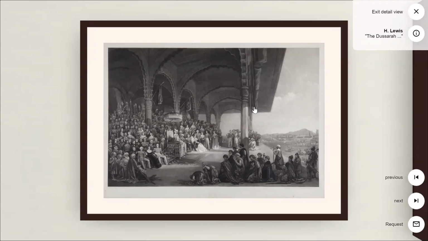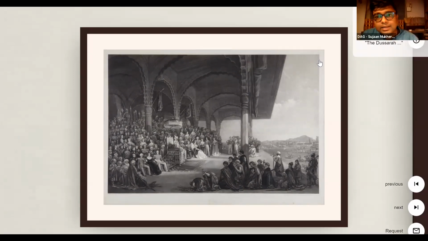What's interesting about this work is that it is something we today recognize as Mughal architecture, for sure. I mean, there can be very little doubt about that. The pointed arches, these onion shaped arches rather than the Gothic kind of parabolic arches.